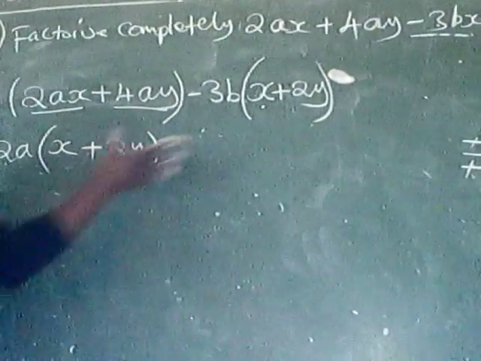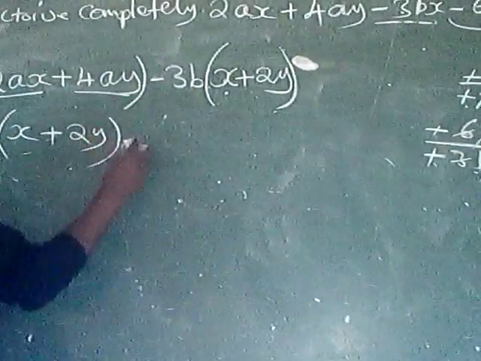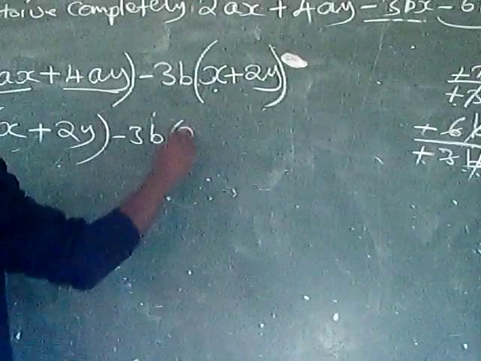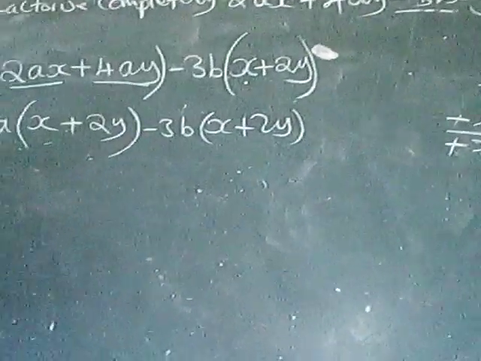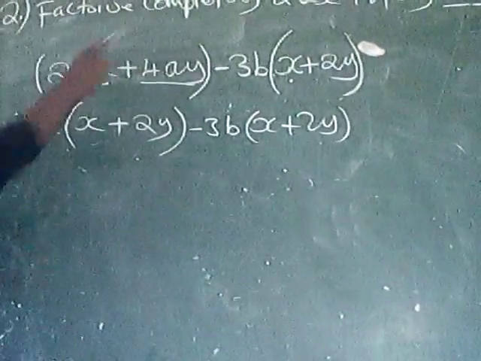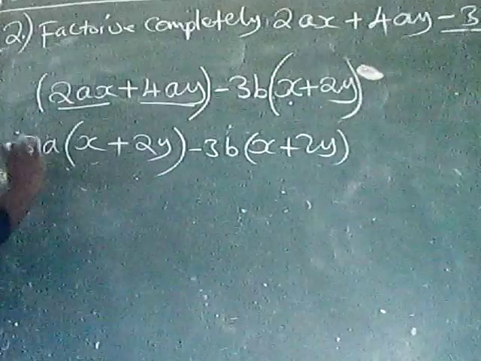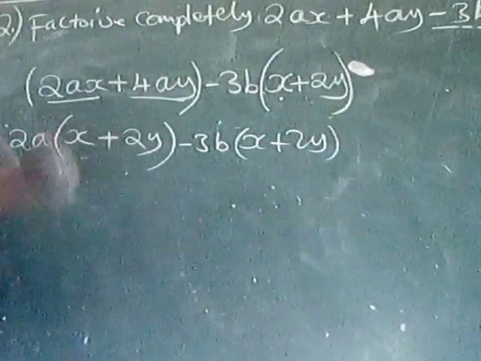Then it's just a matter of bringing this, which is already factorized here, so to be negative 3b open x plus 2y close. Lastly, we factorize further. Remember, we've done the factorization, but this is not complete. So how do we factorize completely now?